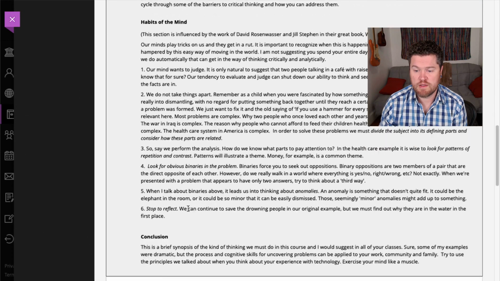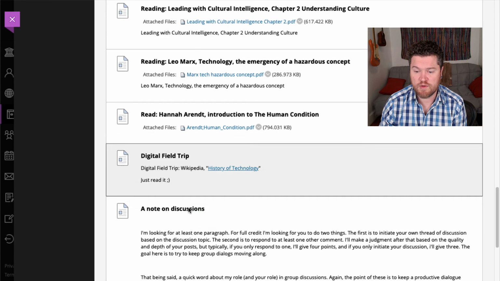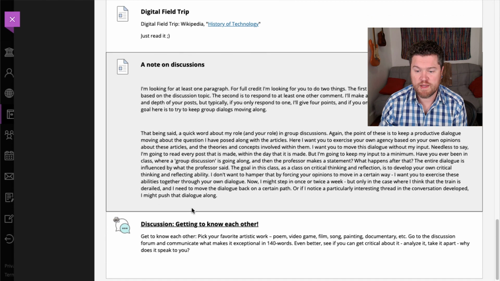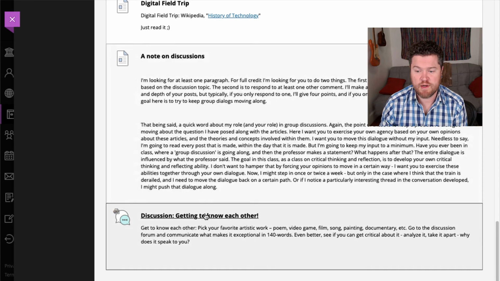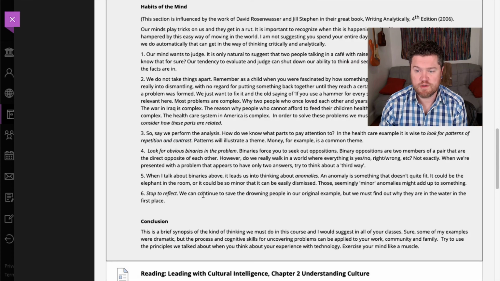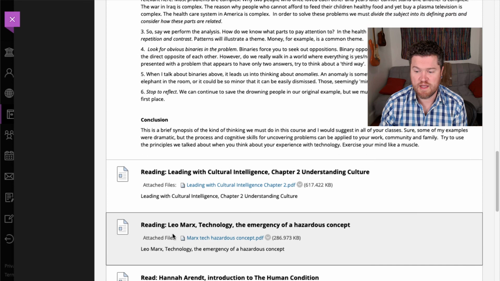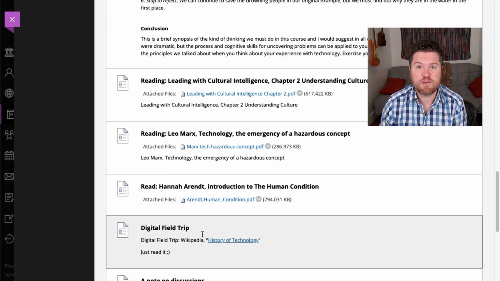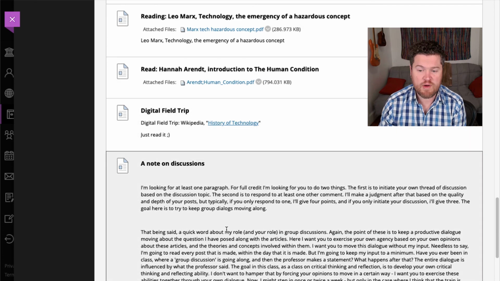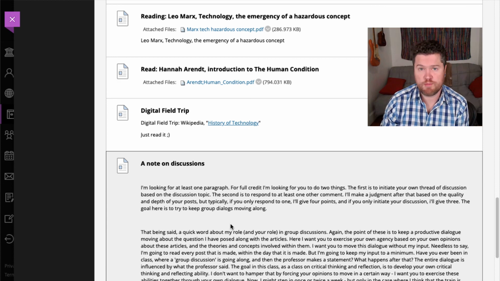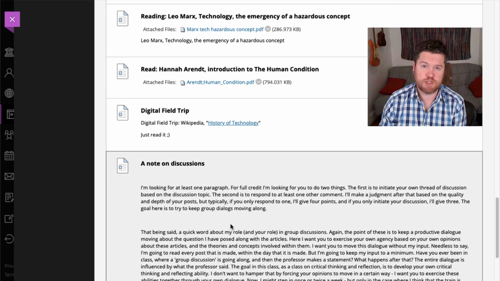Module 2 has a few things in it because we're still getting started, but you can see you read that, then you read this, and then you read that. You do each of the things in order. It's pretty straightforward. Every module is going to have a discussion. Discussions are quite a bit of the grade, so make sure you are both responding to the discussion prompt as well as responding to each other.